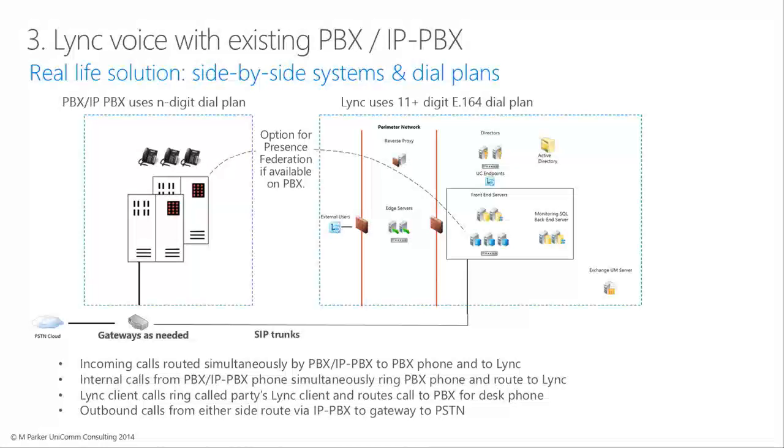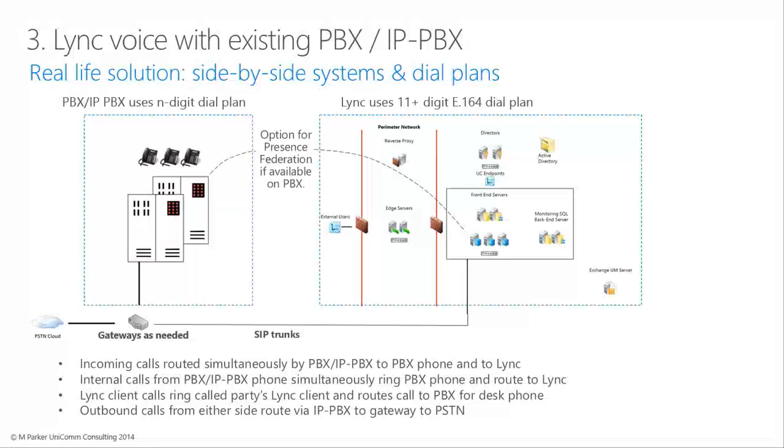And I have an option if they want presence, if they want to know when this guy over here goes off hook. So let's say somebody over on the PBX goes off hook and calls mom out on the PSTN. If I want to know that, and I have a current enough version of a PBX, so probably anything less than 5 years old, you can get presence indication on that PBX.